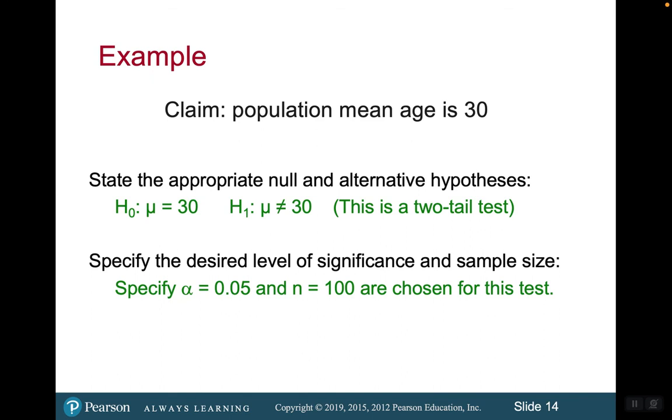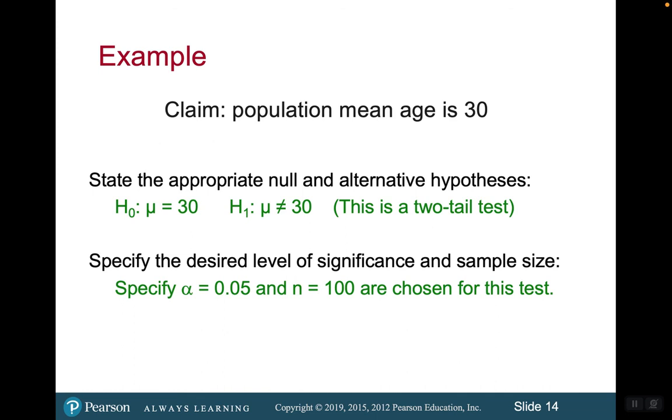In this case, the null is that the population mean is 30, and the alternative is that the population mean is not 30. Not greater than, not less than. It's not 30.